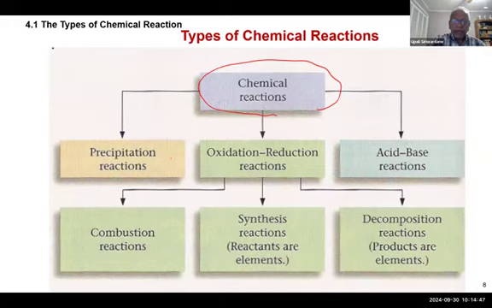Oxidation reduction is when electrons are definitely transferred between atoms of the reactant. There's a definite gain and loss of electrons. Acid-base is reactions between compounds classified as acids and bases.